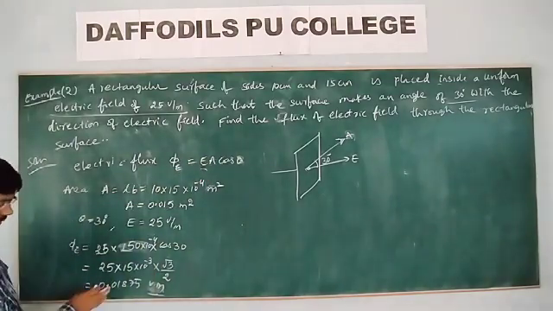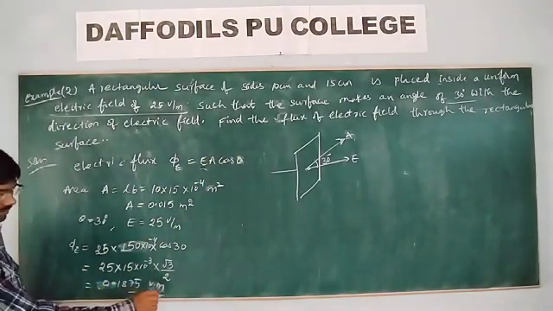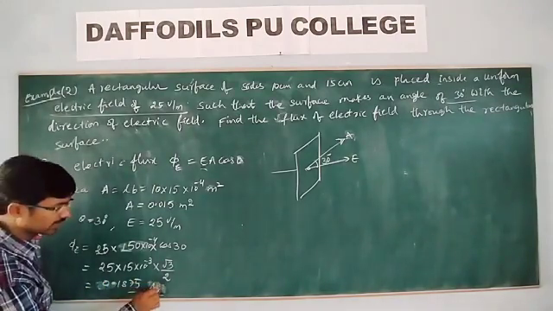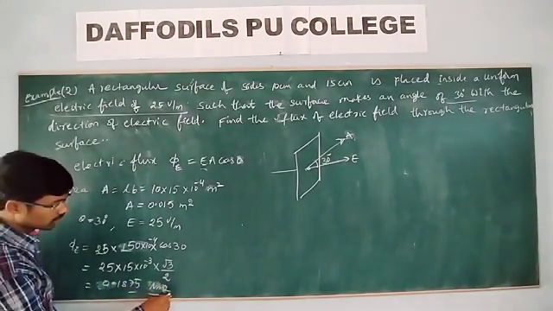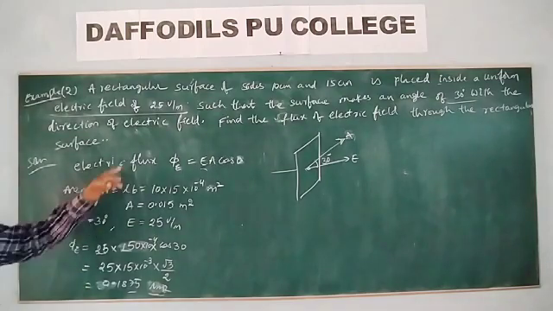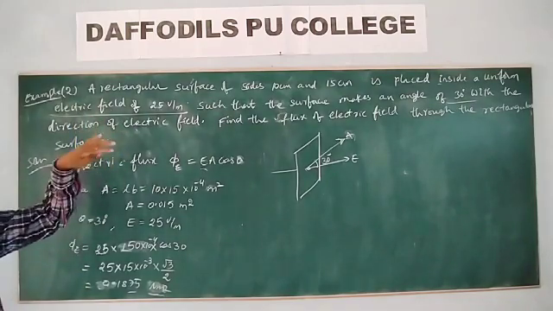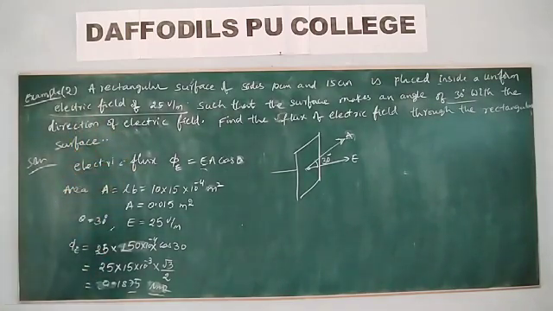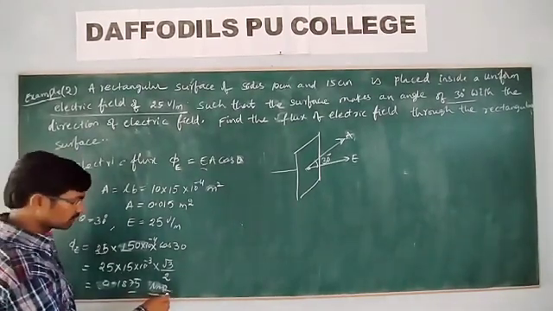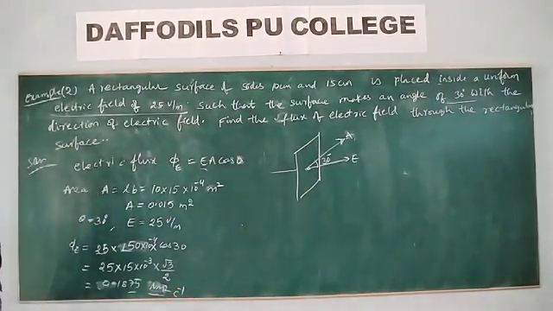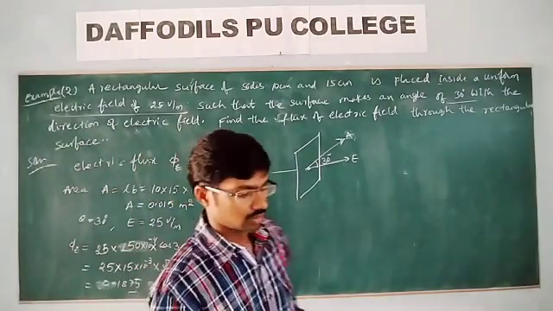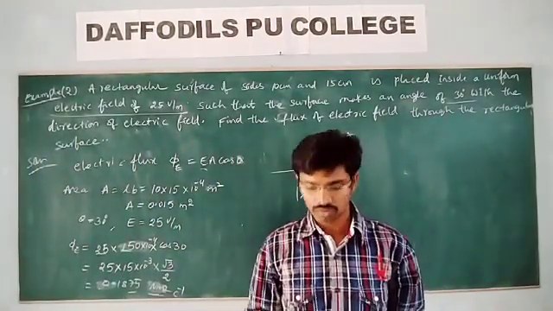And you can write Newton meter square per Coulomb, because electric field is equal to F by q, force by charge, Newton Coulomb inverse. So this is what we have today.